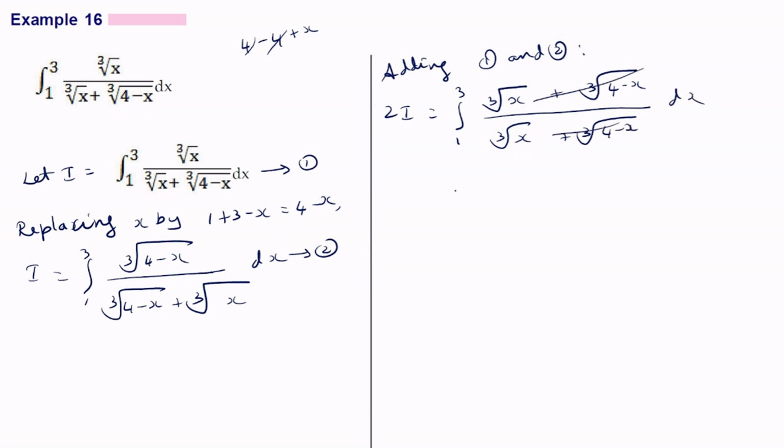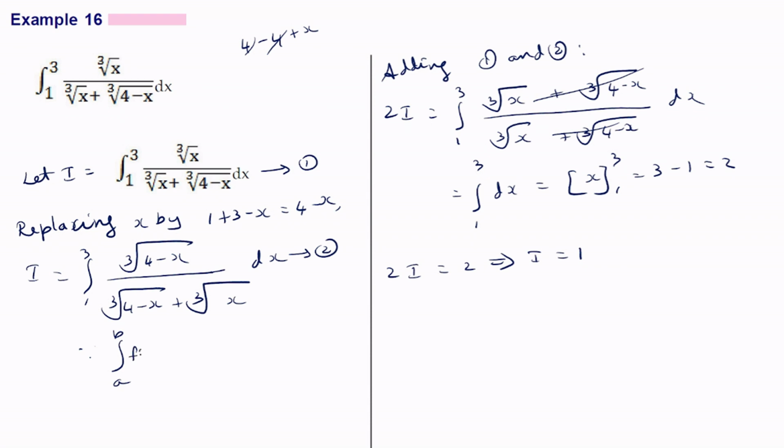So again we get integral 1 to 3 dx. So it is x with the limits 1 to 3, which is 3 minus 1, 2. So we get 2I as 2, I is equal to 1. Here I forgot to write the reason: integral a to b f of x dx is equal to integral a to b f of a plus b minus x dx.